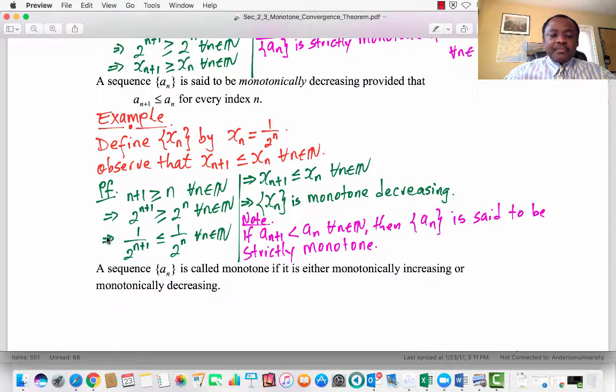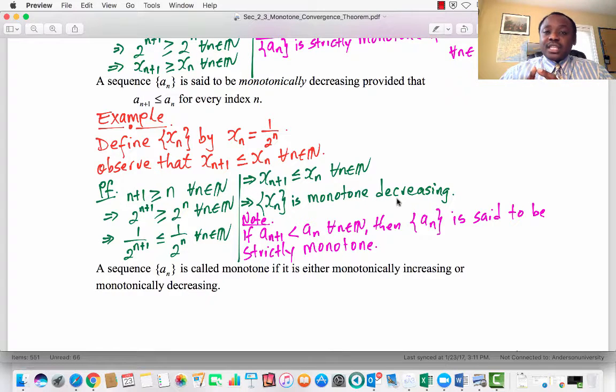So if I flip everything, I end up with 1 divided by 2 raised to the n+1 less than or equal to 1 divided by 2 to the n. The left-hand side is x(n+1), the right-hand side is xn. So we can say that x(n+1) is less than or equal to xn for every natural number n. In other words, our sequence xn is monotone decreasing.